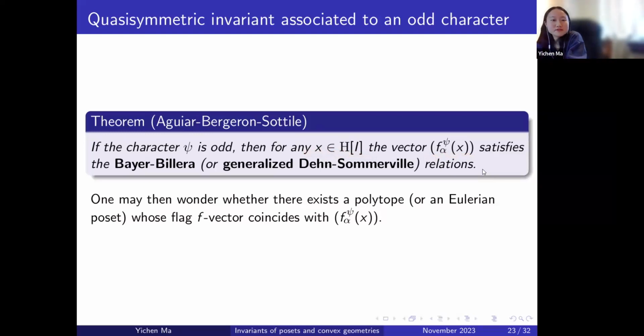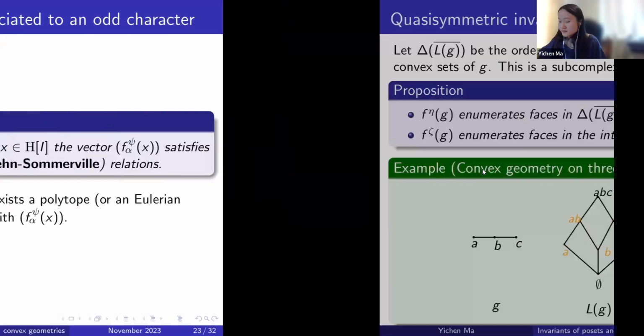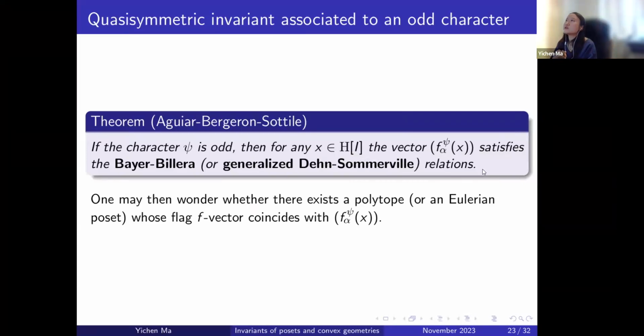So we have a similar result on odd characters of Hopf monoids. We may ask a question, whether there exists a polytope or an Eulerian poset whose flag f vector coincides with our flag F vectors from the Hopf monoids. There's a nice answer for phi prime on the Hopf monoid of convex geometries, but there are many things to explore.